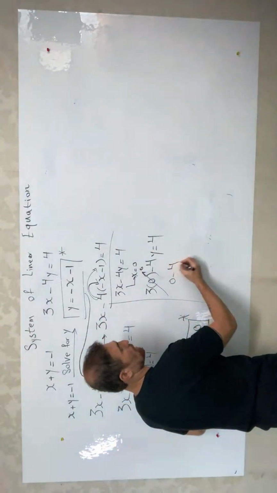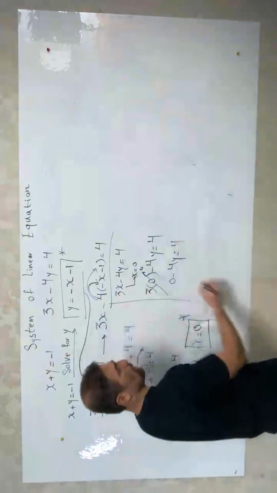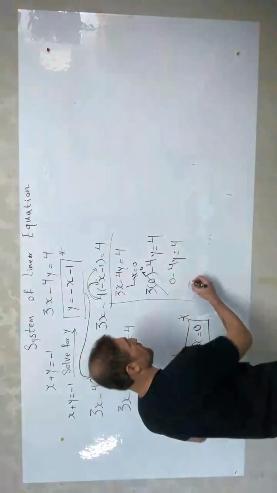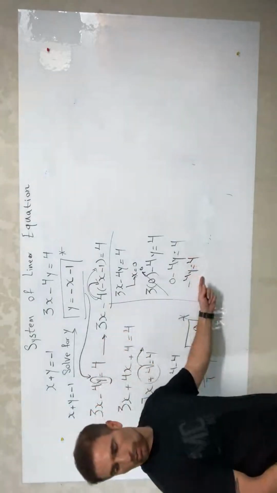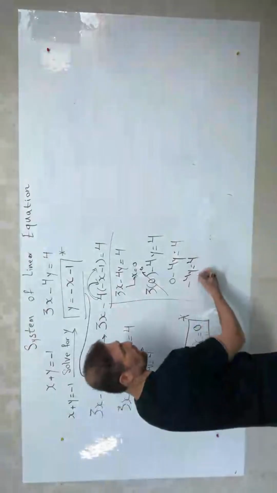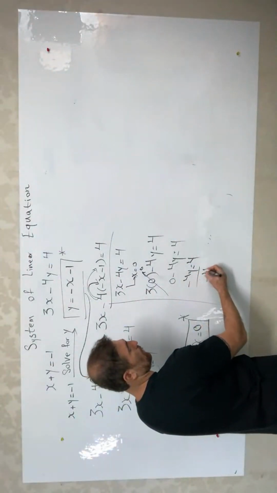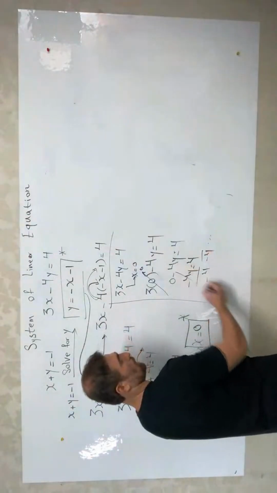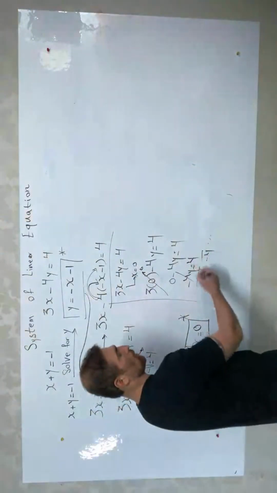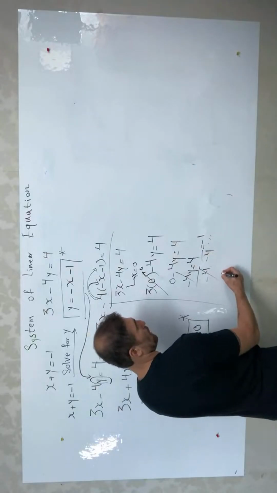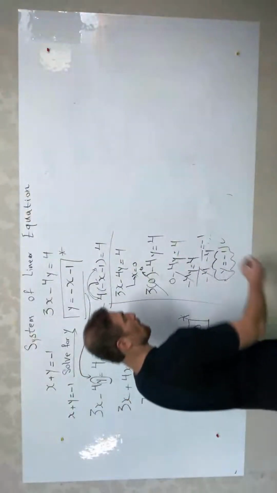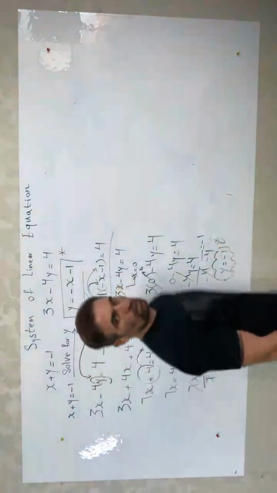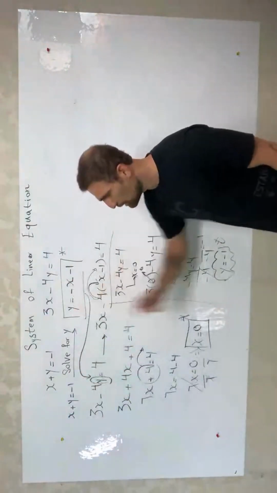So 0 minus 4y equals 4. Negative 4y equals 4. What is the value of y? To find the value of y, we need to divide both sides by the coefficient of y, which is negative 4. Negative 4 cancels off. 4 divided by negative 4 is going to be negative 1. So the value of y is negative 1. Our answer is x equals 0 and y equals negative 1. This is the answer to this system of linear equations.